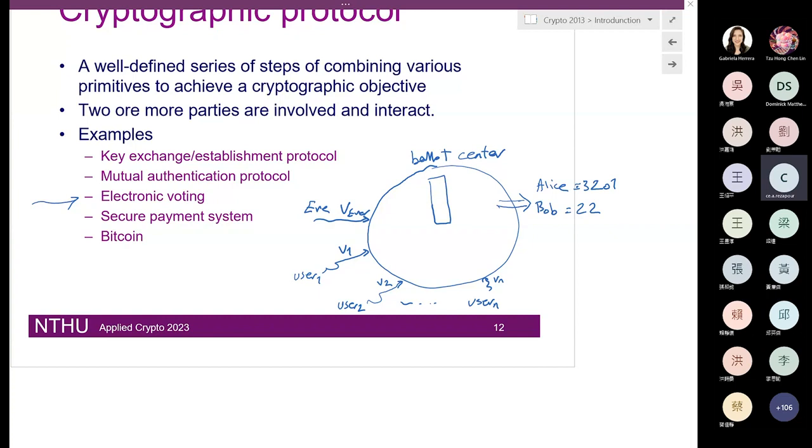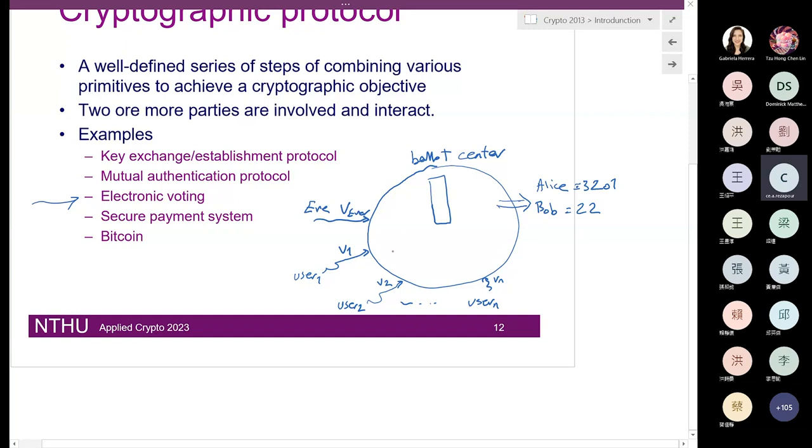Speaking about this sort of system, we want to have multiple things in place. One is that we want every user to have privacy. By privacy, we mean that the user should send their vote in an encrypted format to the center.